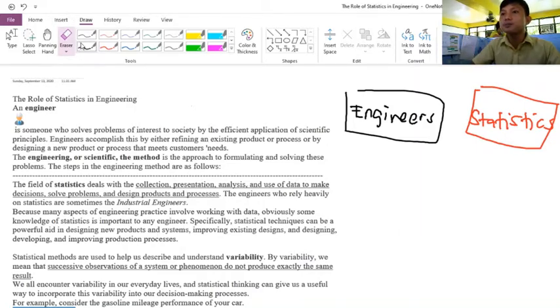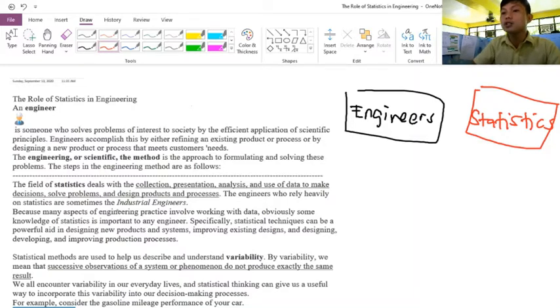Now, because many aspects of engineering practice involve working with data, obviously, some knowledge of statistics is important to an engineer, which is kanina, dun sa motor. Specifically, statistical techniques can be a powerful aid in designing new products and systems, improving existing designs, and designing, developing, and improving production processes.